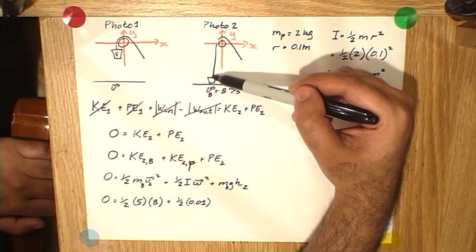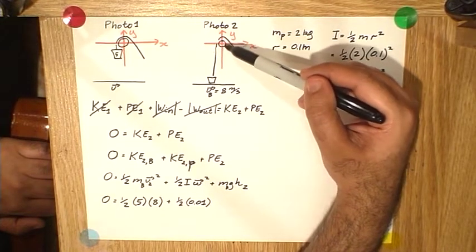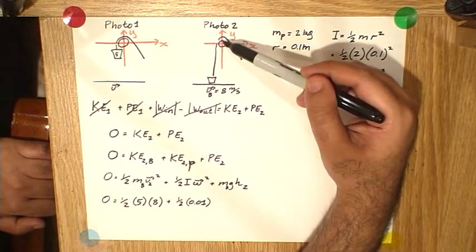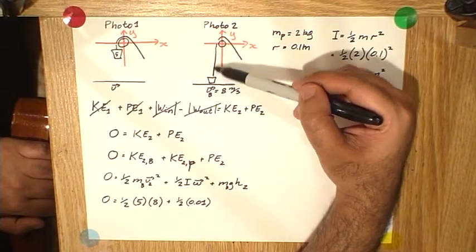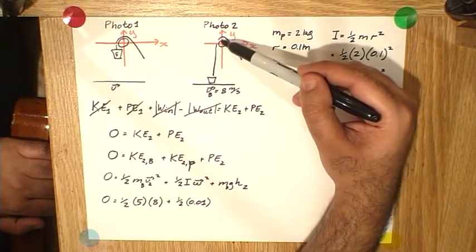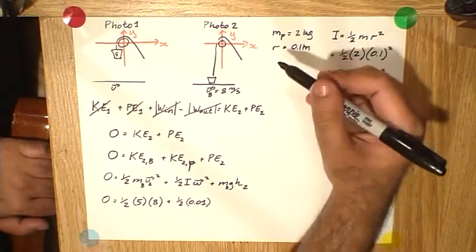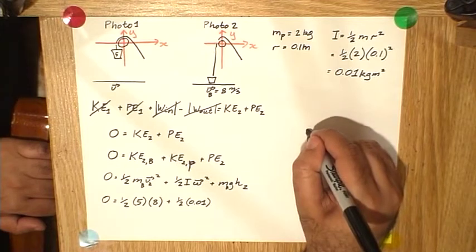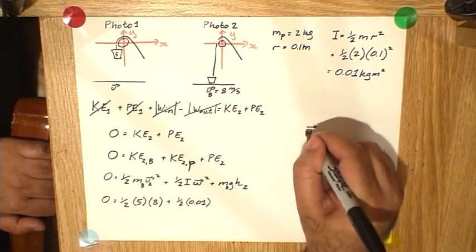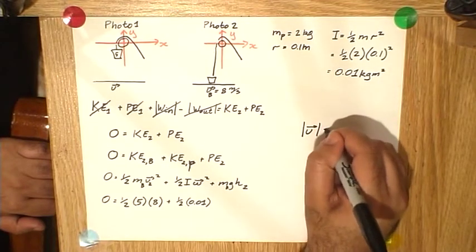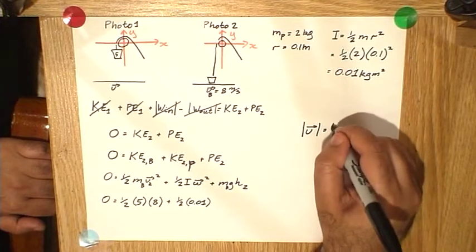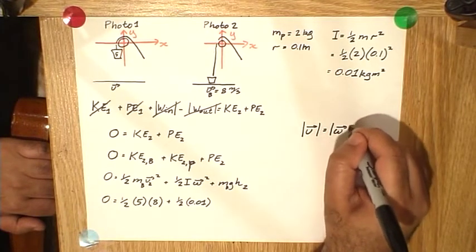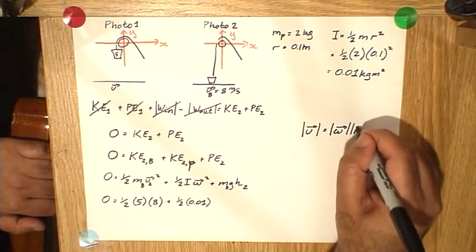The distance the rope traveled is equal to the distance that the rim traveled through. The velocity of the rope equals the velocity of the rim. And if that's the case, then we can say that the velocity of the rim, the linear velocity, is equal to the angular velocity multiplied by the radius.